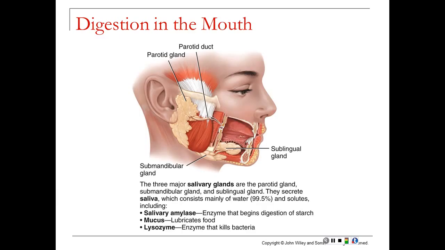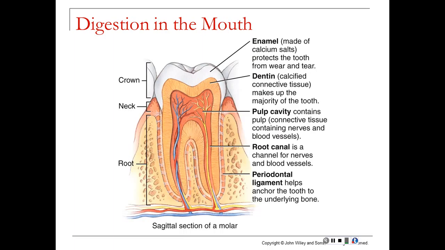Of course, water, which is the majority, but there's also salivary amylase, which is going to begin the digestion of starch. There's also mucus there to help lubricate food, and an enzyme called lysozyme that helps kill bacteria. Again, each of our glands has a slightly different concentration of those 3 components, but in general, they all have some of those components inside of them.